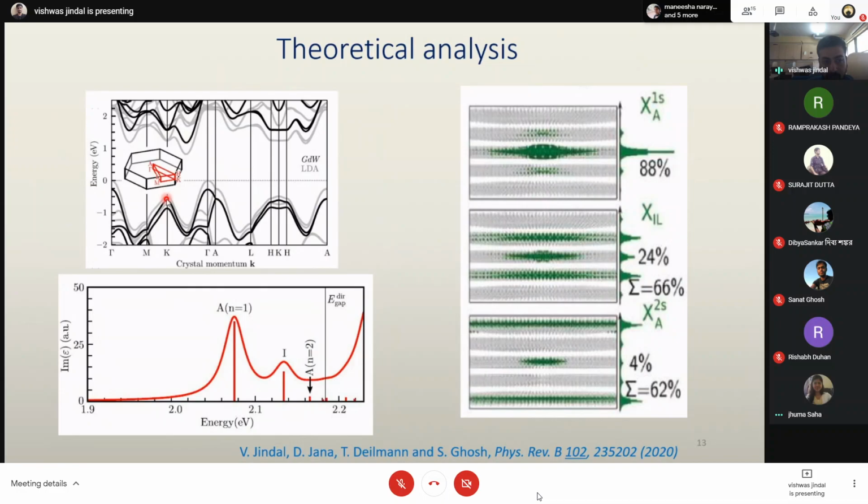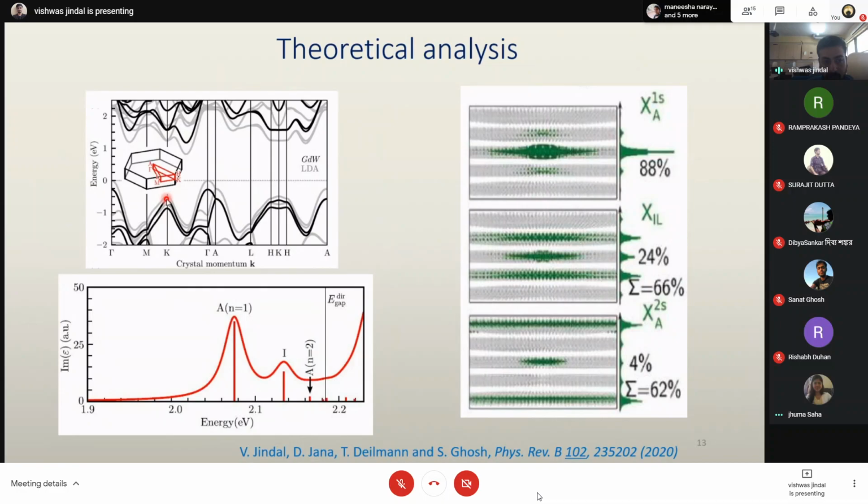That's why it won't give any emission. But when we are measuring reflectance or absorption, we are actually measuring the density of states. Here there is still some density of states which can be optically probed. That's why you're measuring the optical response.